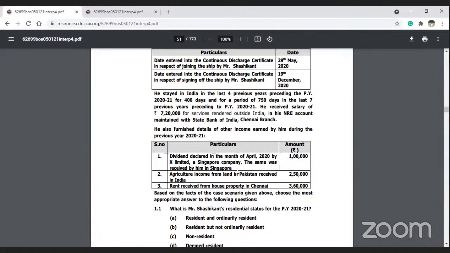The same was received by him in Singapore. In the latest edition they have changed it to Singapore company, but in our physical copy it is Indian company. Yes, they have mentioned it in the corrigendum. We will treat this as Singapore company and hence will not include this.